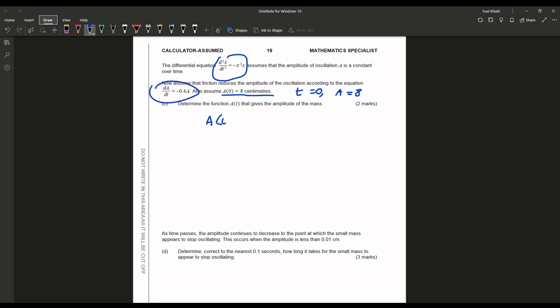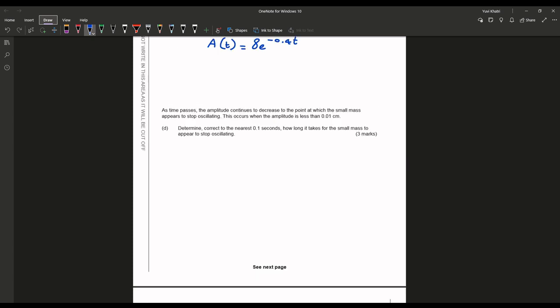So we know that A(t) equals A0, which is just a constant, e to the negative 0.4t. Now we know that at t equals 0, A equals 8. So we will sub that in. And we get that A0 equals 8. So we have our final function, A(t) equals 8e to the negative 0.4t, which is the answer.